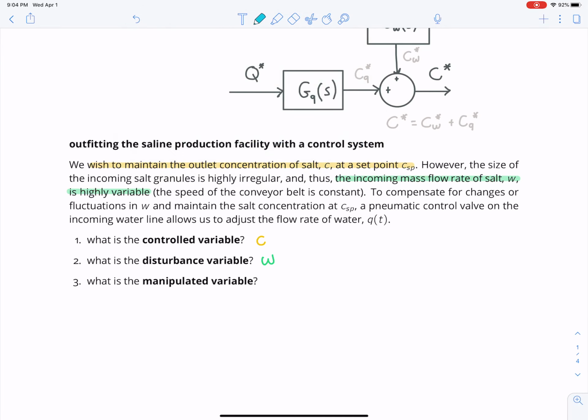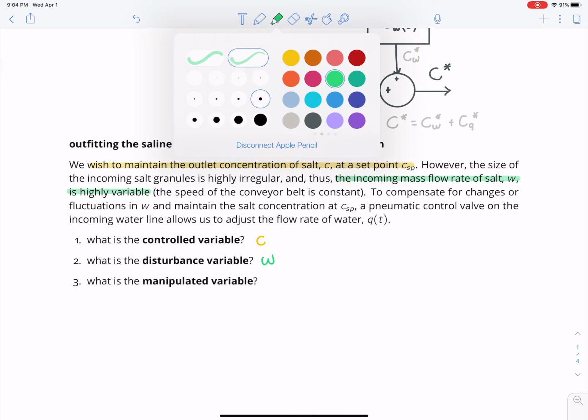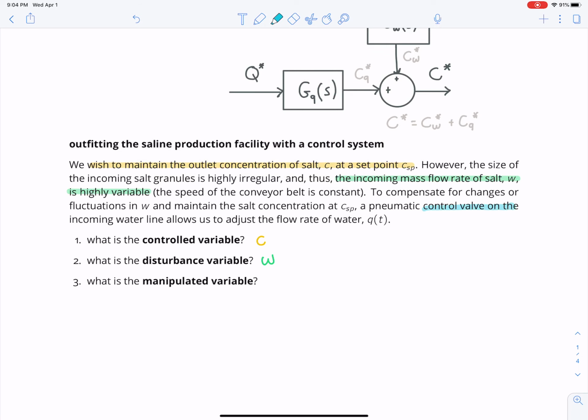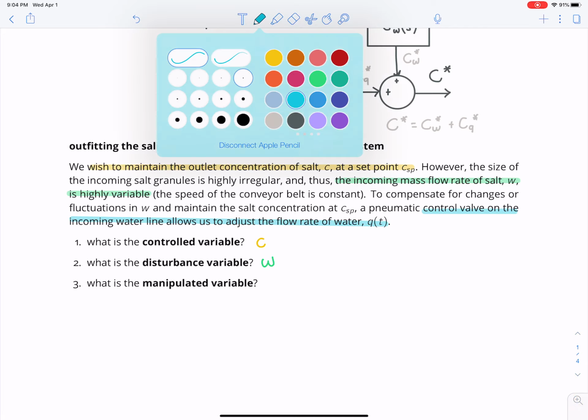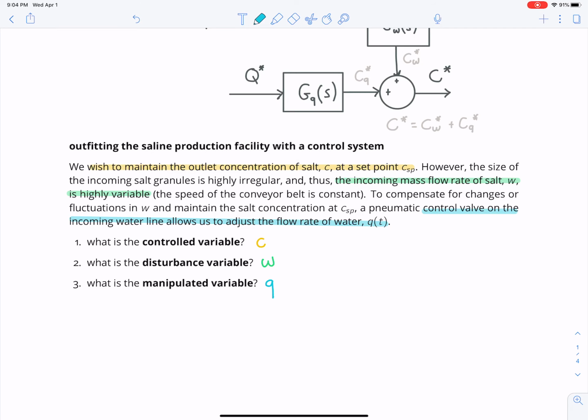Okay, and to compensate for these changes in W and to maintain the salt concentration at a set point, we have a pneumatic control valve on the incoming water line, and it allows us to adjust the flow rate of Q to compensate for these disturbances. So Q is the manipulated variable here.